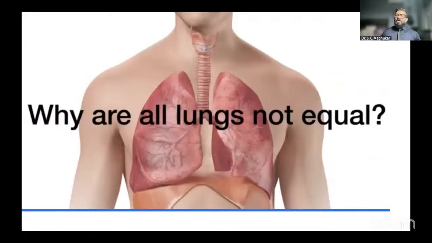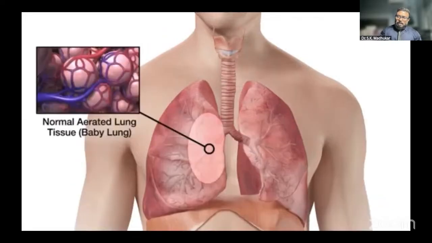And why are all lungs not equal? Let's understand this. If you're giving 6 to 8 ml per kg of tidal volume to every patient, what's going to happen? Therefore, the concept of baby lung came. What is baby lung? Baby lung is the normal lung tissue amongst the diseased lung.